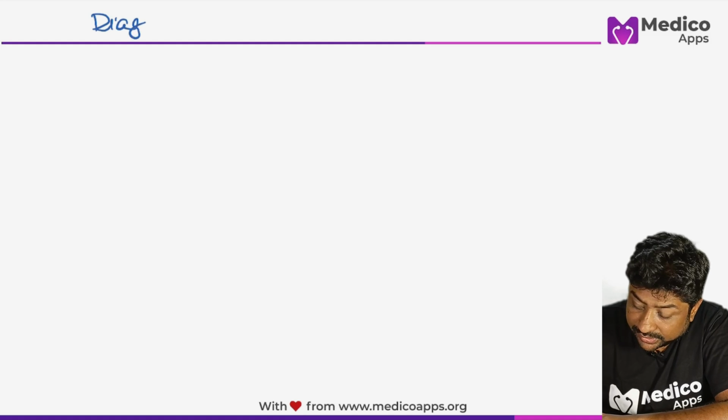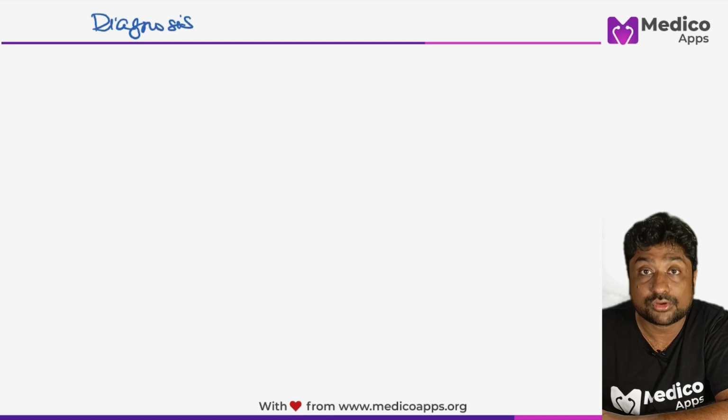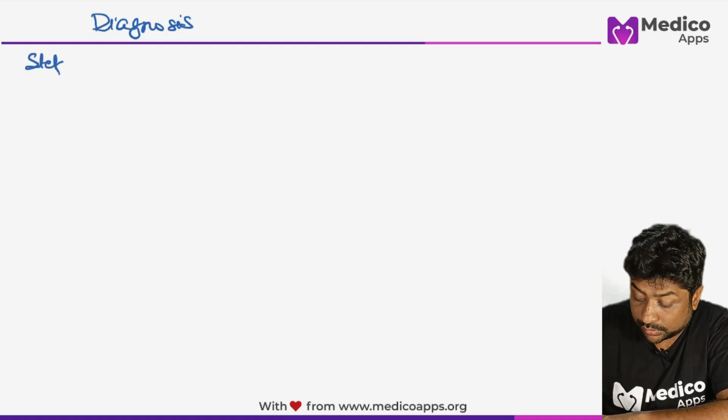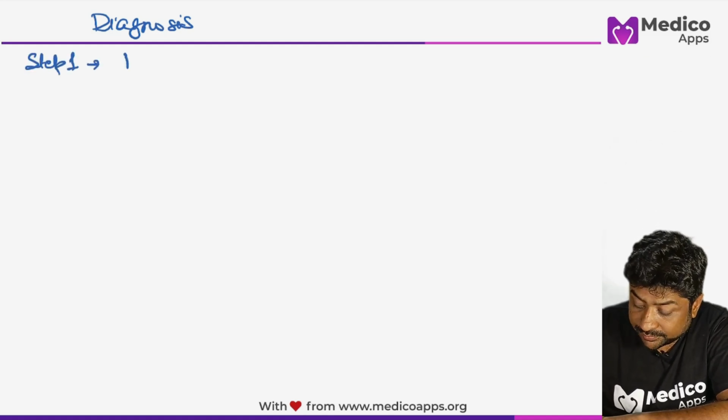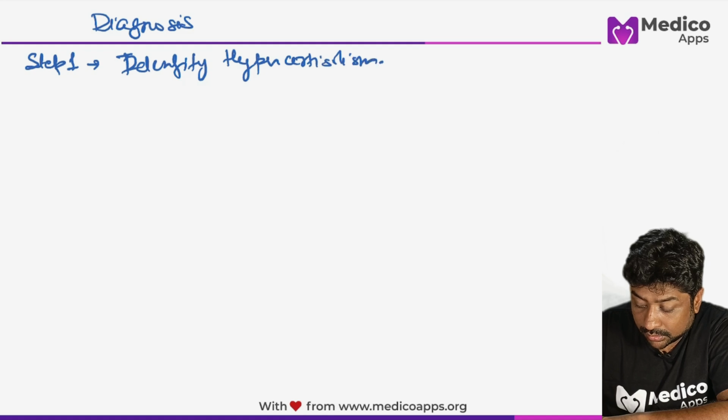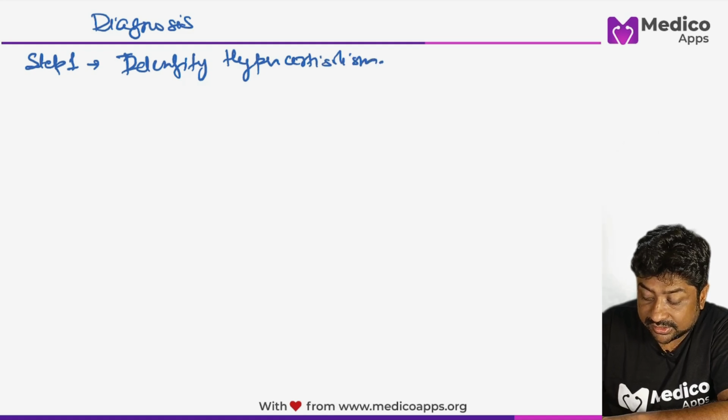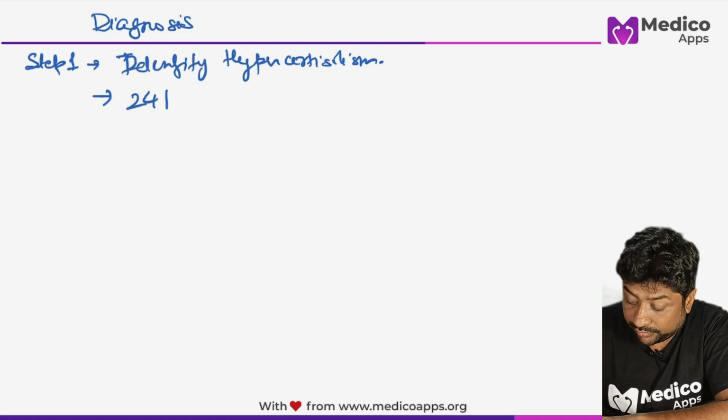Let's now move forward and see how we will go about with diagnosis of Cushing syndrome. So, for diagnosis, step 1, we have to identify hypercortisolism, which means increase in cortisol level. So, there are very easy mechanisms.